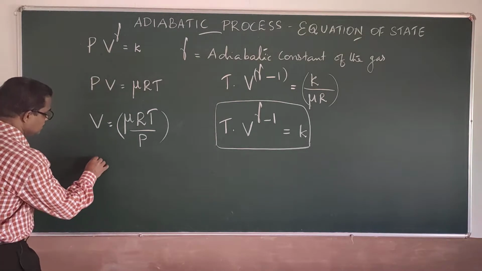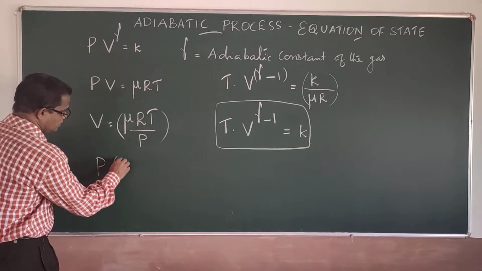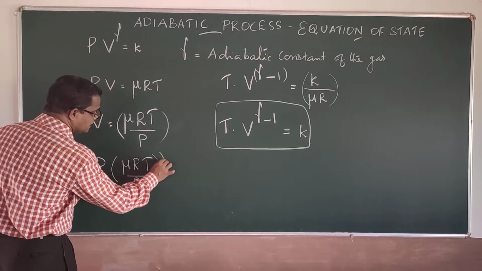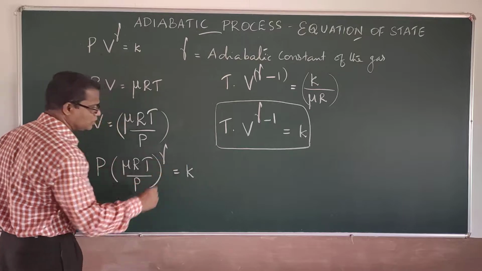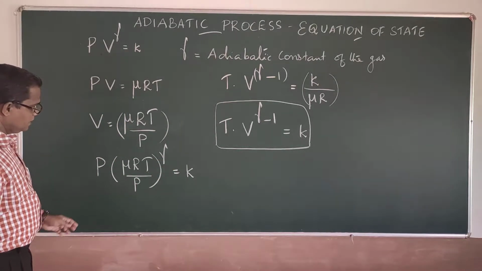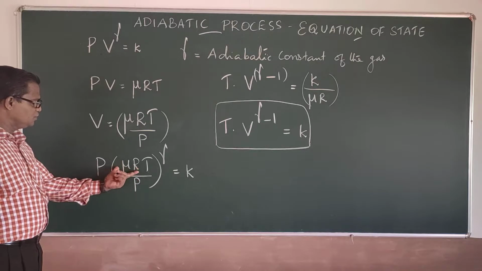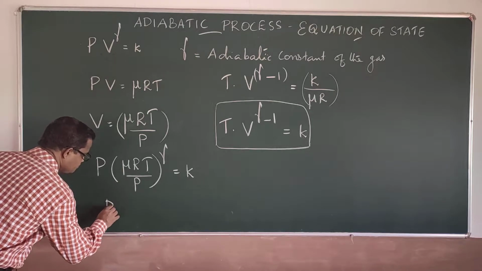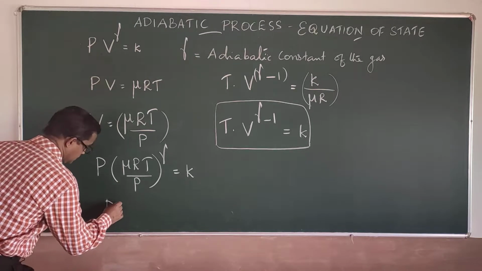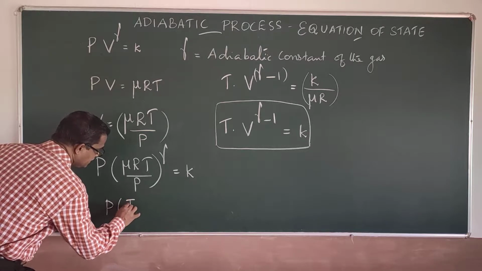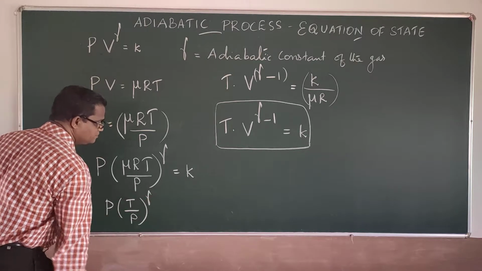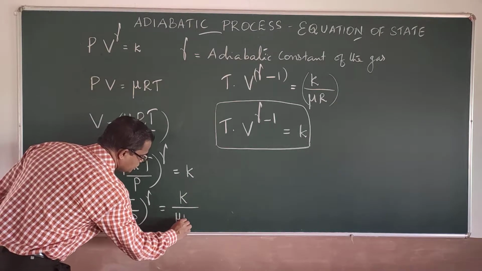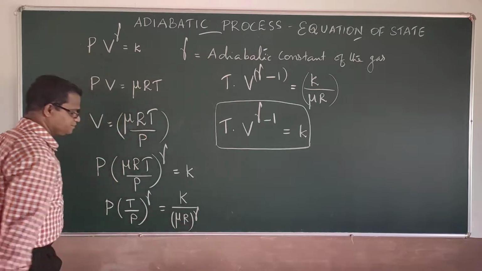What I get is P into mu RT divided by P raised to gamma equal to a constant. And now mu R constant, so mu raised to gamma, R raised to gamma, you can take it to the right hand side. So what remains here is P into T by P raised to gamma equal to K divided by mu into R raised to gamma.